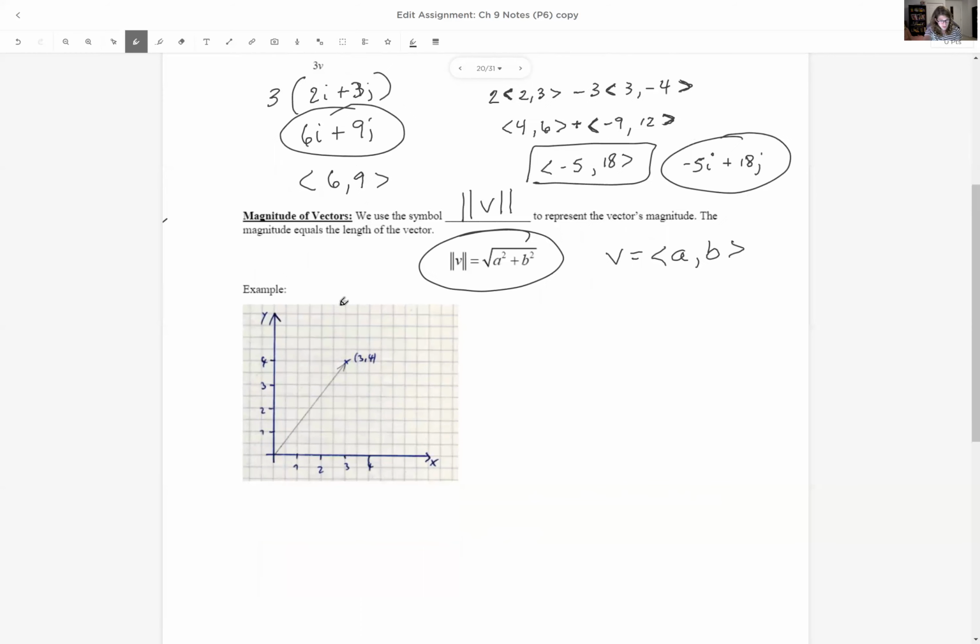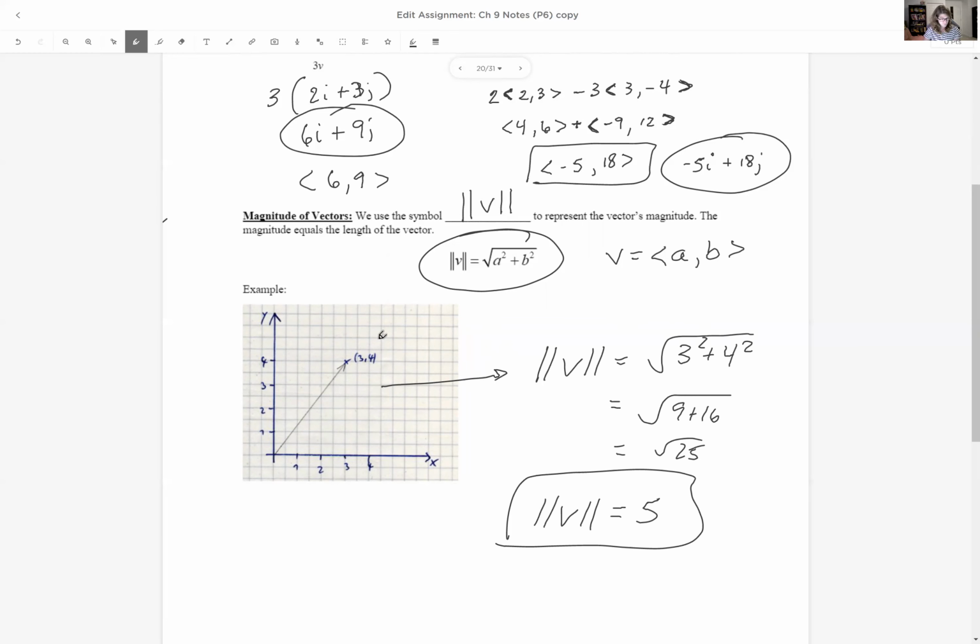So looking at this vector right here with its terminal point at 3, 4, if we were going to find the magnitude, we would do the square root of 3 squared plus 4 squared. 9 plus 16 is 25. Square root of 25 is 5. So it's the distance formula. It's not terribly challenging, but once it starts happening with all this other stuff going on, that's where it starts getting a little confusing.